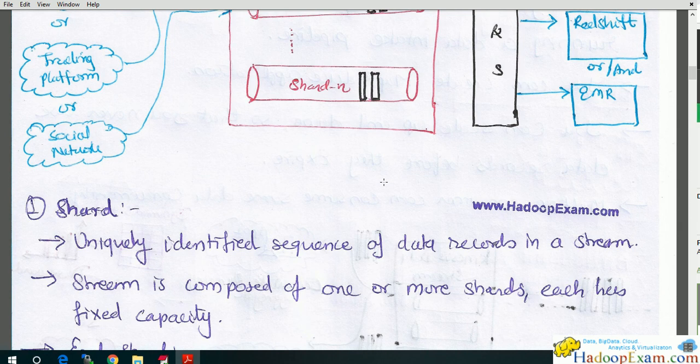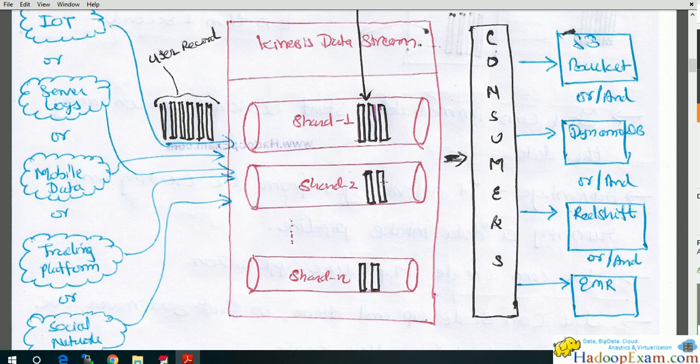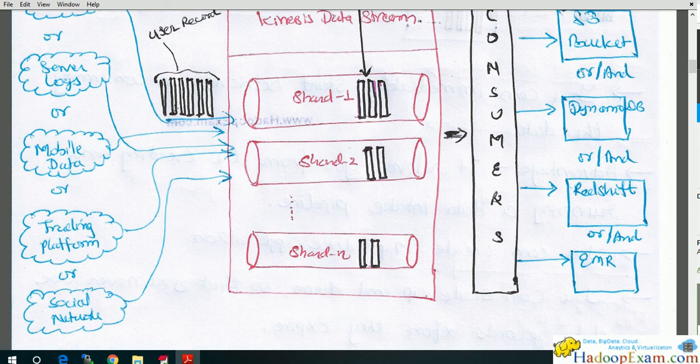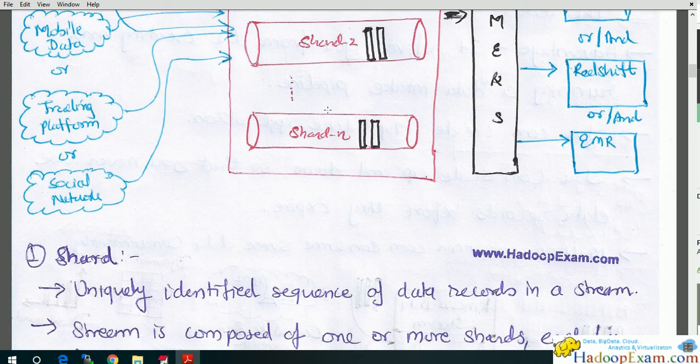Now let's understand the first concept, the shard. It is a uniquely identified sequence of data records in a stream. When you produce data, it will go to one of the shards; which shard it goes to depends on another factor, which I will explain.